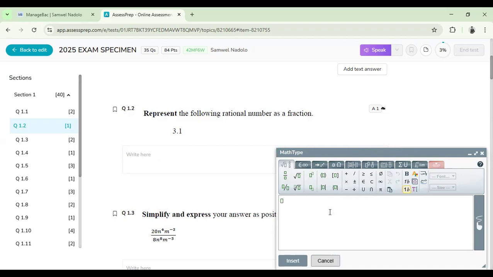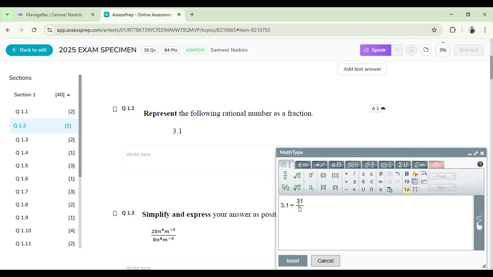So we need to turn 3.1 into a fraction. So you say 3.1 is equal to, then you press this fraction function, which is 2 boxes on top and bottom.